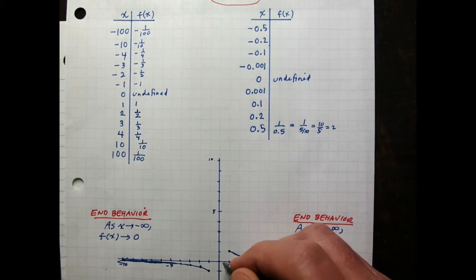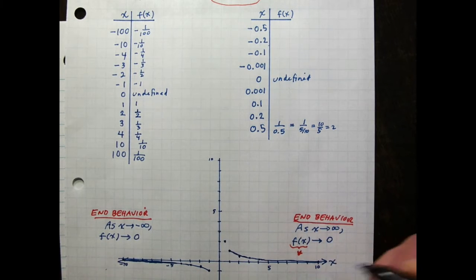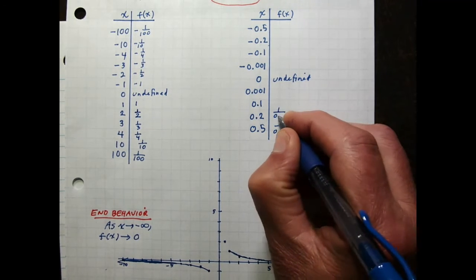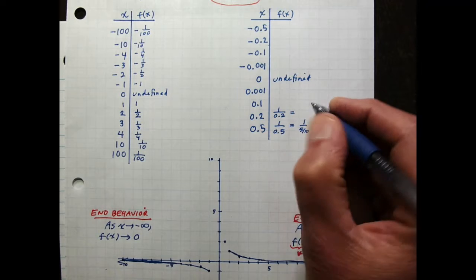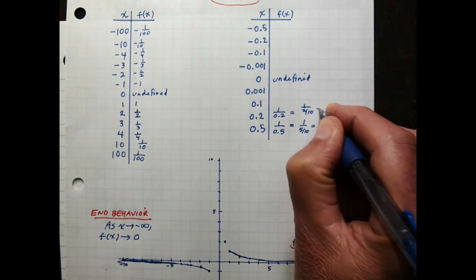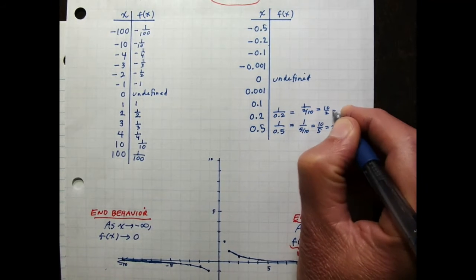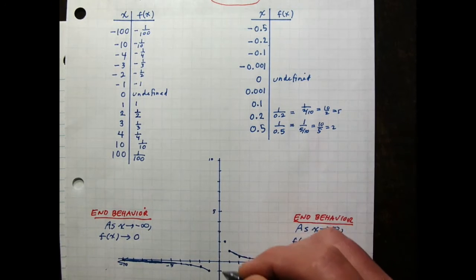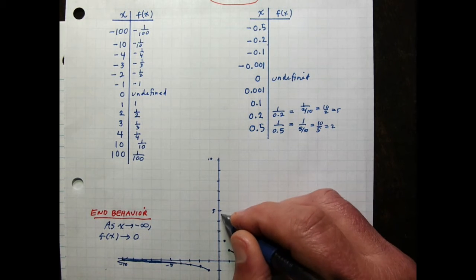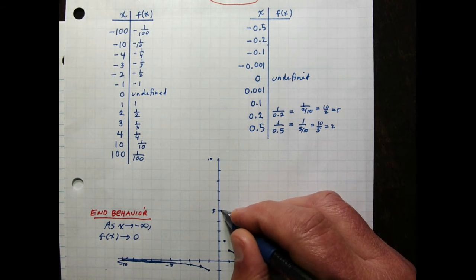So at 0.5, we're 2 units up on that graph. 1 over 0.2 is 1 over 2/10, which is 10/2 or 5. Now, it's hard for me to hit 0.2. I'm just approximating. It's closer to the y-axis, and then I have to go all the way up here 5 units, right?